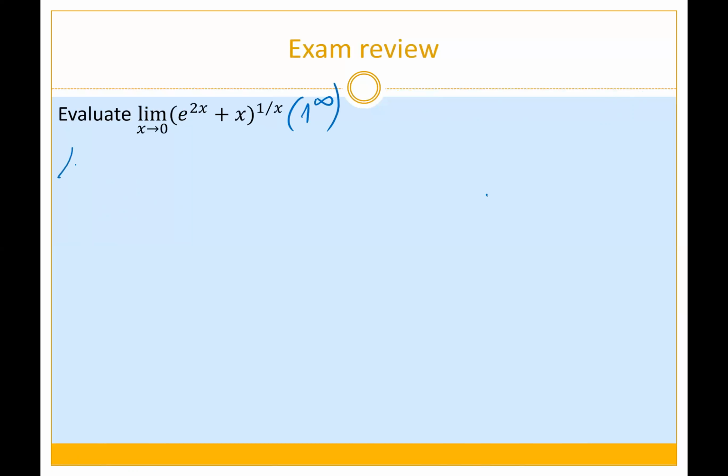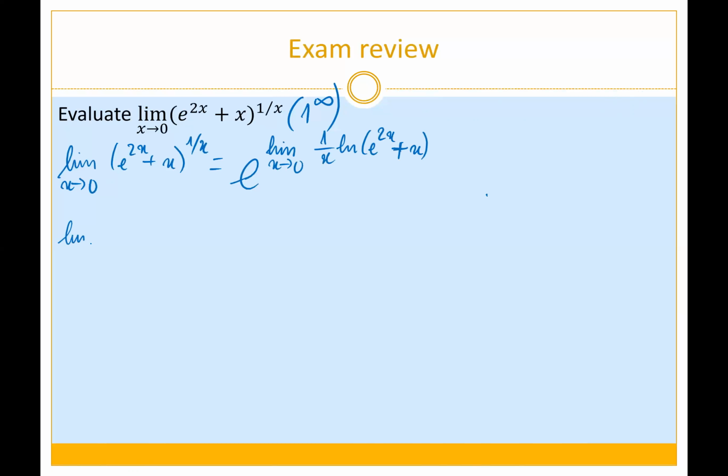So you have this limit of x approaching 0, (e to the 2x plus x) to the 1 over x. This one is equal to e to the limit of x approaching 0, 1 over x multiplied by ln of (e to the 2x plus x).